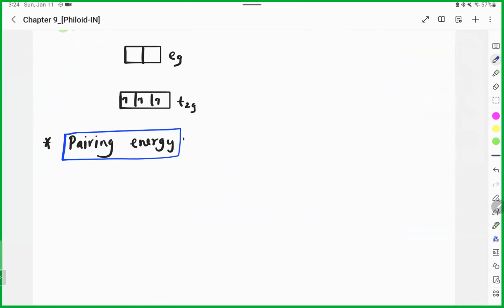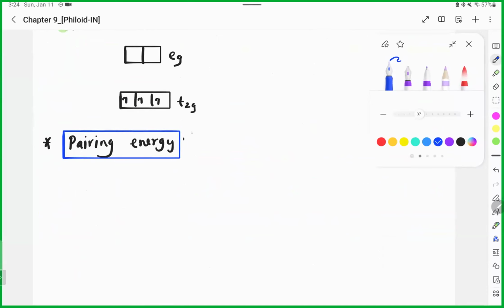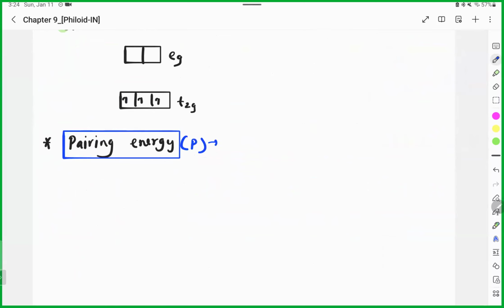Chandana, what is this pairing energy P? It is the energy required for electron pairing in an orbital.